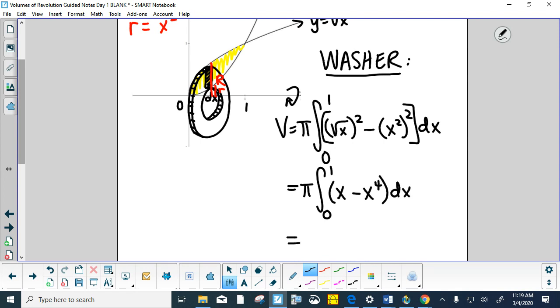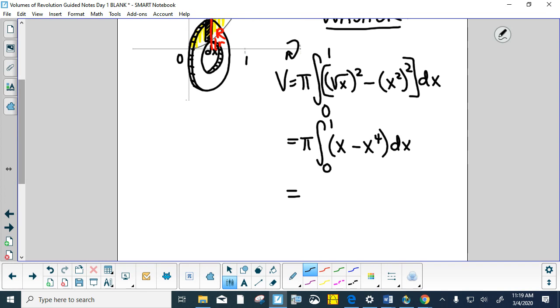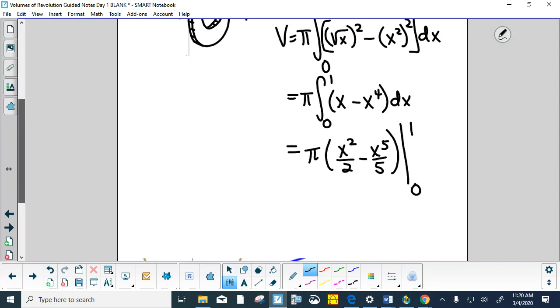So what is the antiderivative of that? Good, x squared over 2 minus x to the 5th over 5, evaluated from 0 to 1. And so this is going to be pi times 1/2 minus 1/5.